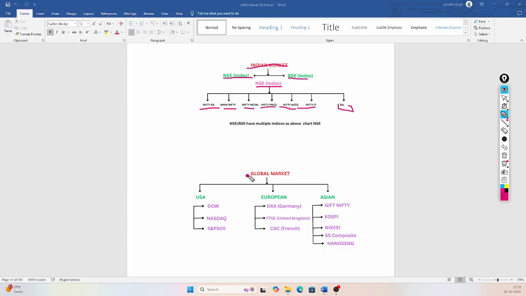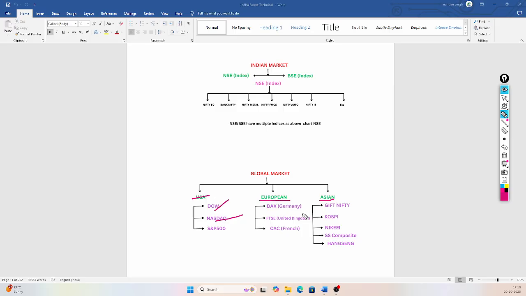Now, in the global market we have USA, European and Asian indices. In the USA we have three: Dow, Nasdaq and S&P 500.